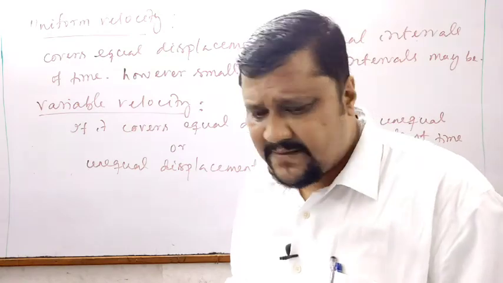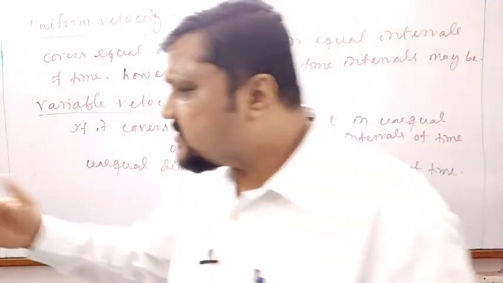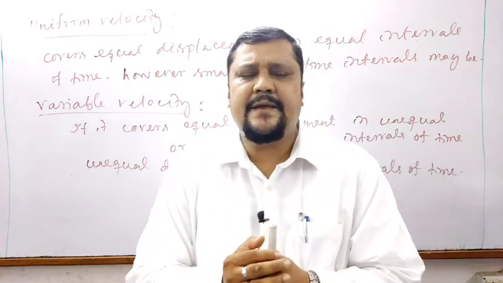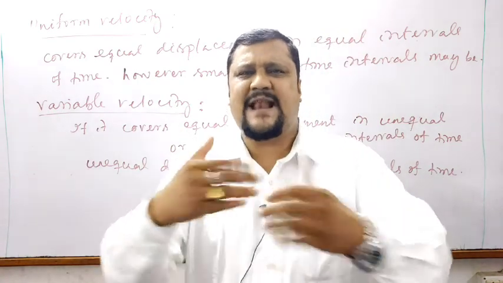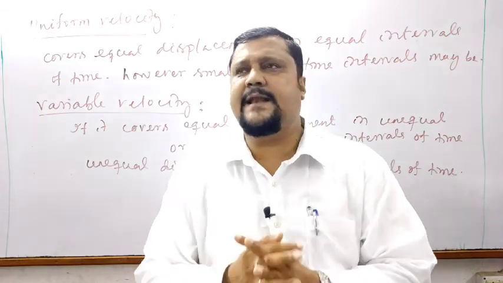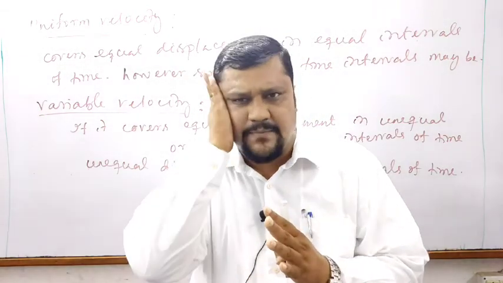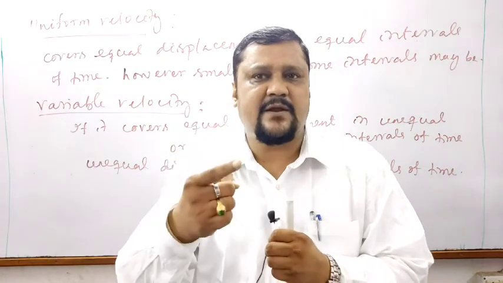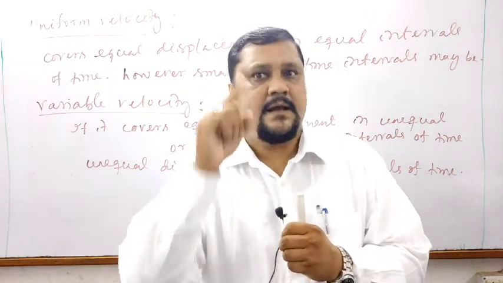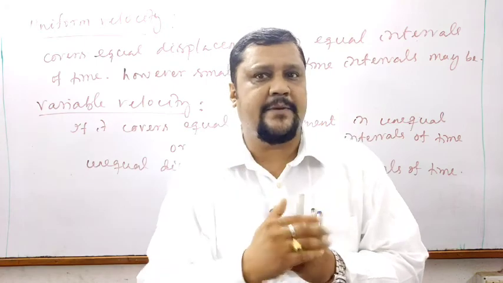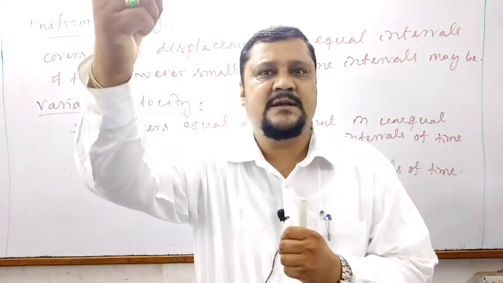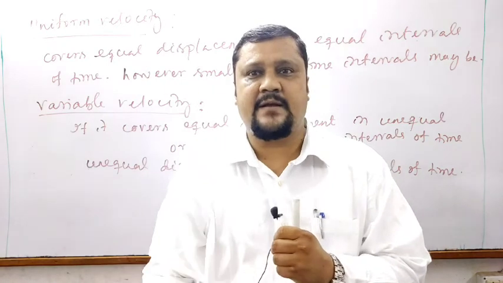In that case, the body covers unequal displacement in equal intervals of time. Suppose I start from here and go in a straight line. I cover 5 kilometers in the first 1 hour, then 3 kilometers in the same direction in the next 1 hour, then again 7 kilometers in the next 1 hour.